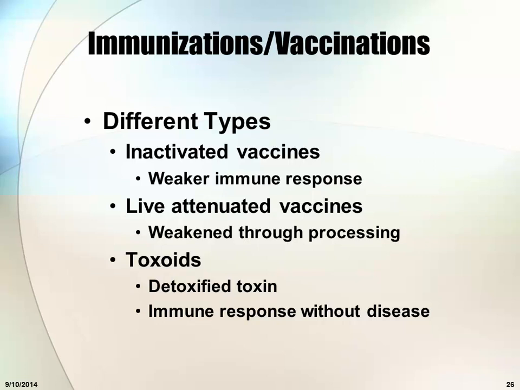The inactivated vaccines provide a weaker immune response. Basically, in inactivated vaccines they've killed the virus, so it won't cause the disease, but we actually have a much milder immune response. An example of this particular immunization is our influenza.